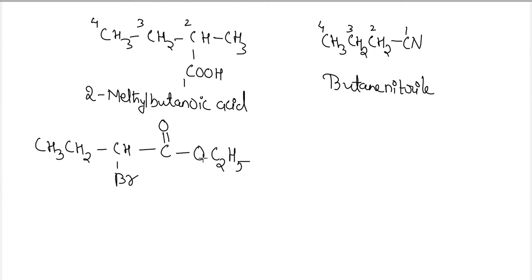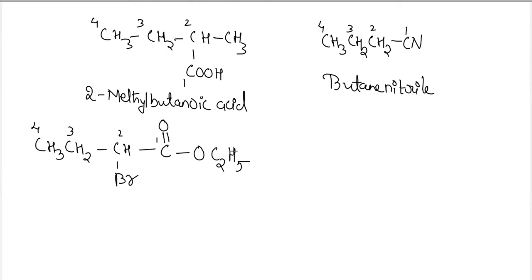Okay, so here the chain will start from the carbon atom 1, 2, 3 and 4. Why? Because this is the functional group here, and the longest chain here is of 4 carbon atoms. So the chain will be of 4 carbon atoms, containing a substituent group which is Br here, bromo, and a substituent chain attached here, which is the oxyethyl group.